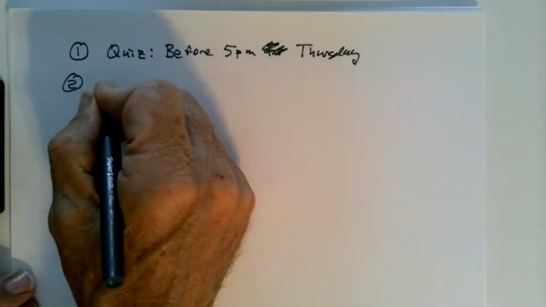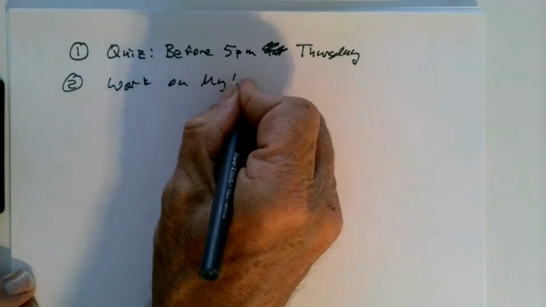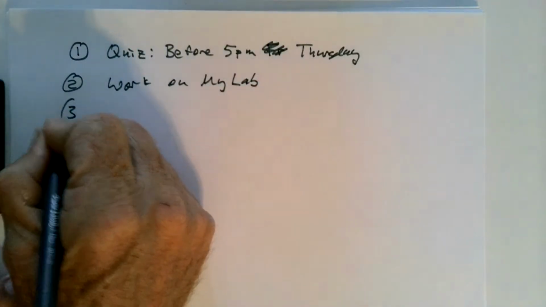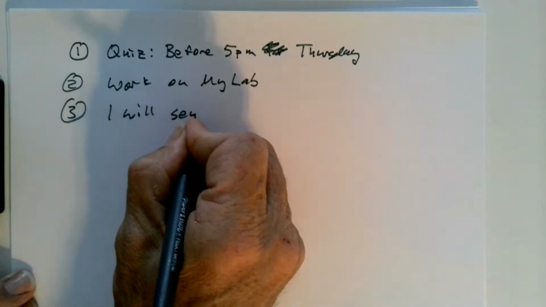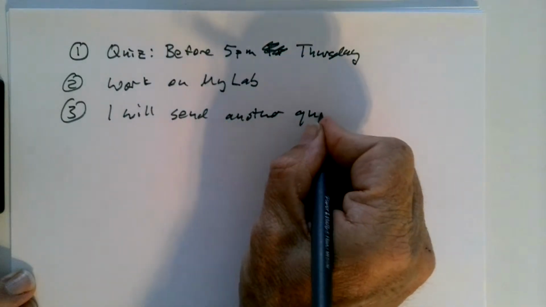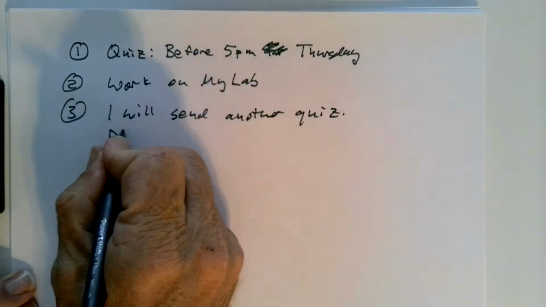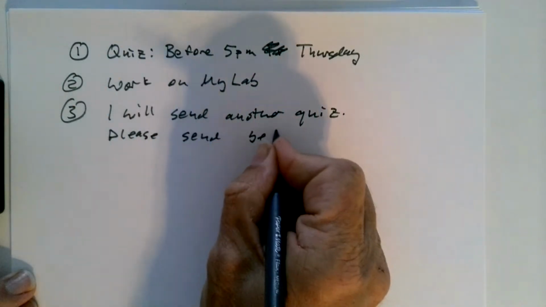Number 2, I want you to work on my lab. Number 3, at some point I will send another quiz. Please send that to me before our class on Monday.